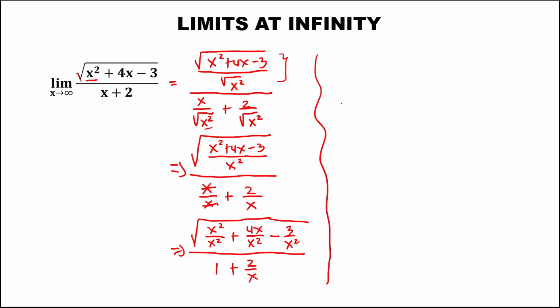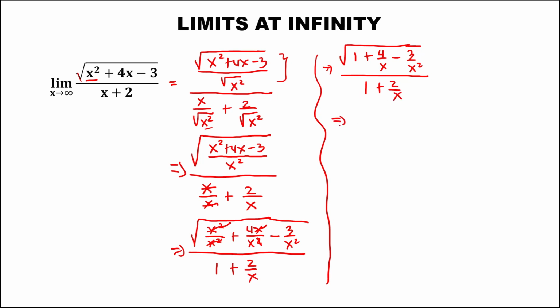Then to simplify, we have the square root. This x squared divided by x squared is 1. Then plus, we can cancel this x and 1x, so this is 4 over x. Then minus 3 over x squared, then all over 1 plus 2 over x.